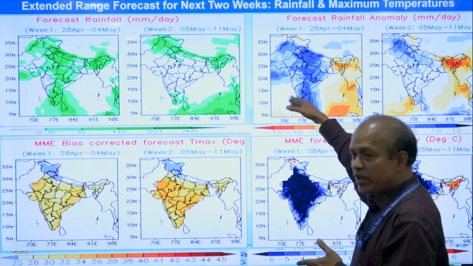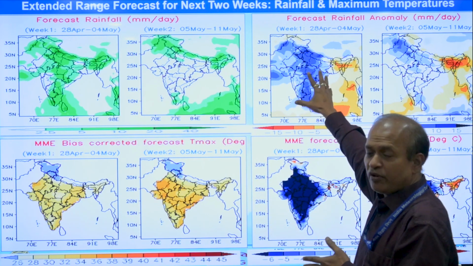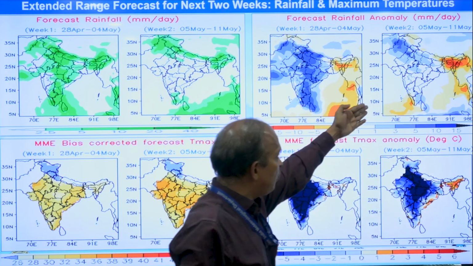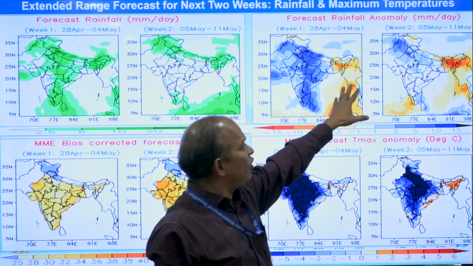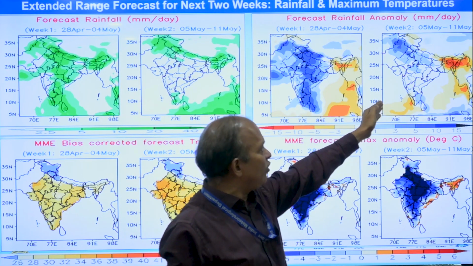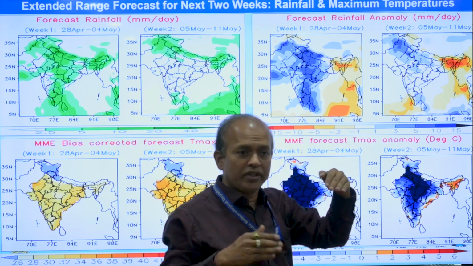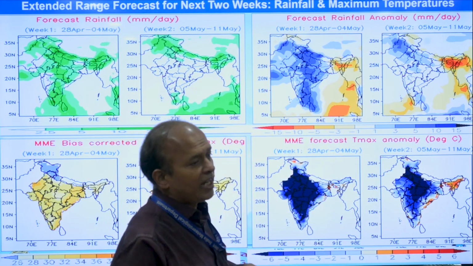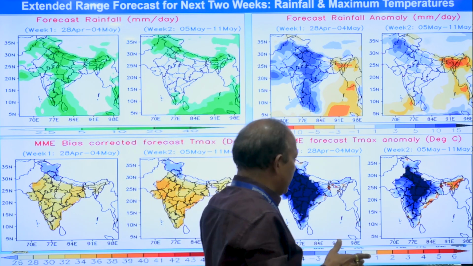In week 2 also, the northwest and some other parts are above normal, but the deficit, below normal rainfall over the northeast region, will continue in week 2, that is 5th to 11th May. This is the rainfall forecast our model is indicating.